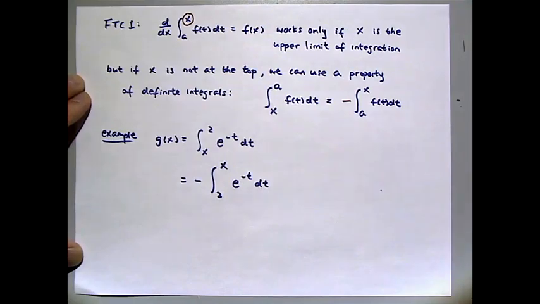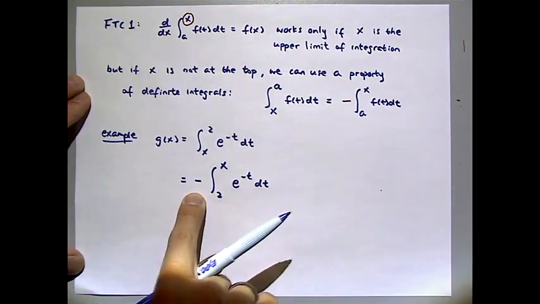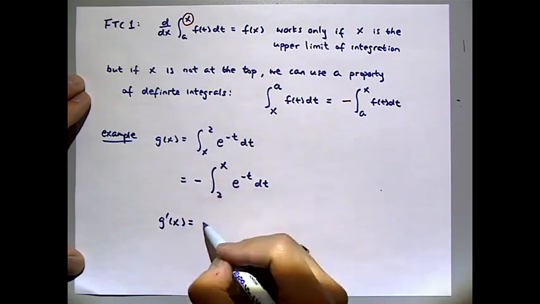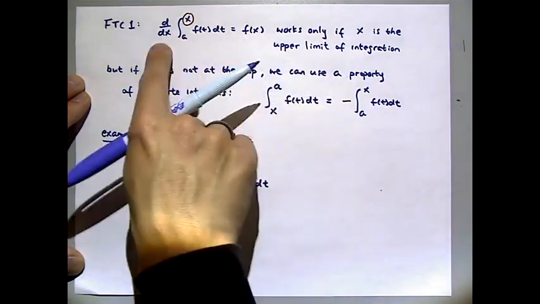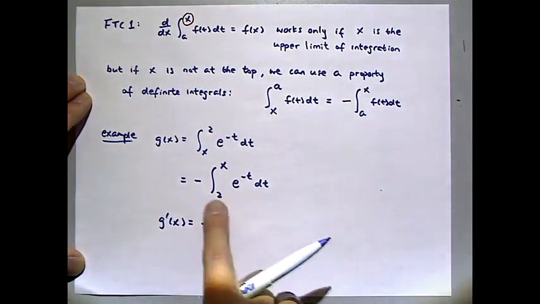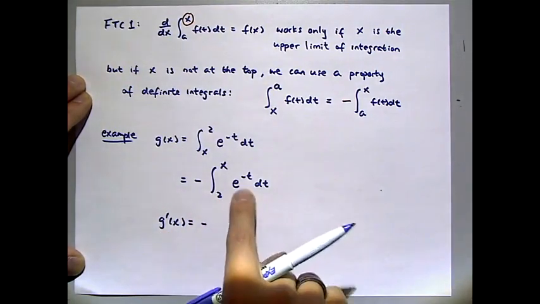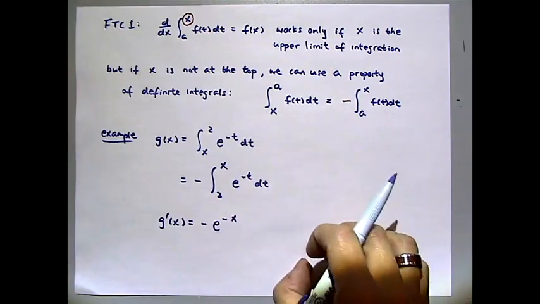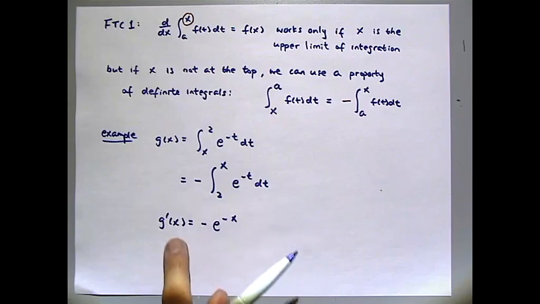Okay, we can interchange the two, flip the sign. Then the derivative, according to the first part of the theorem, the derivative and the integration, basically they cancel each other out. So this goes away once we take the derivative. All we got left is what's inside. And we change that t to an x, because we want this to be a function of x. Questions?